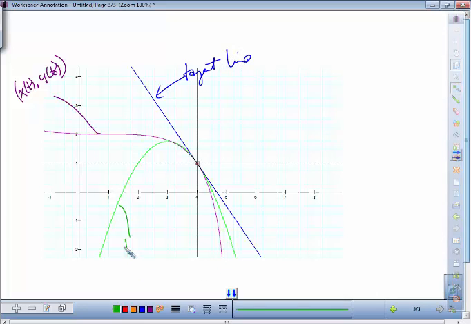This is your tangent parabola. And this is your point, when t is equal to 1.